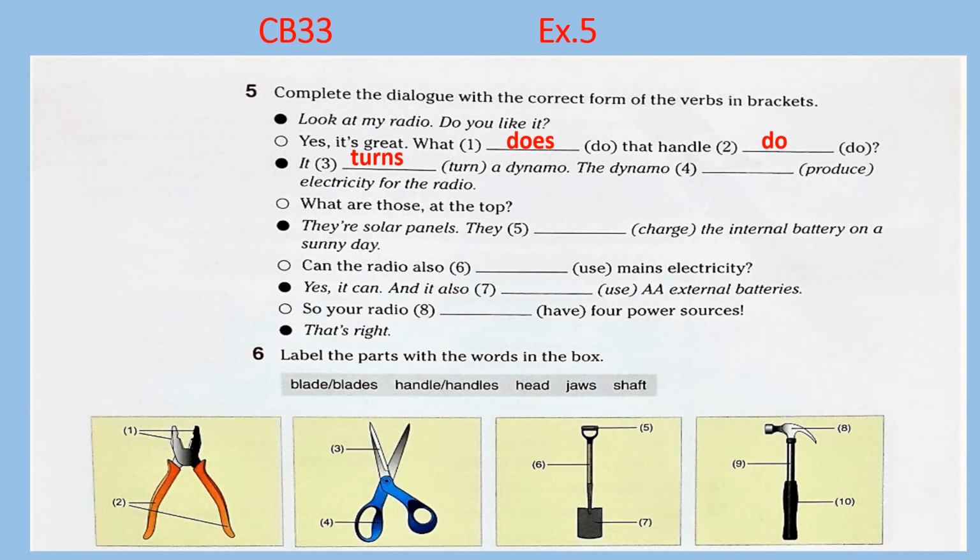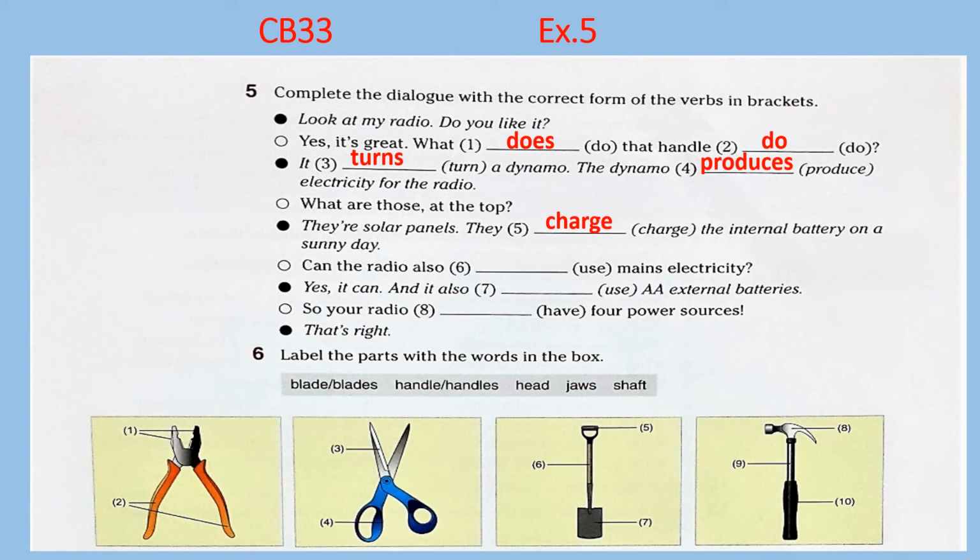The dynamo also is a singular word, so we need to add an S. Produces electricity for the radio. What are those at the top? Number 5, they're solar panels. They is a plural word, so we don't add anything to the word charge. We use it as it is. They charge the internal battery on a sunny day.